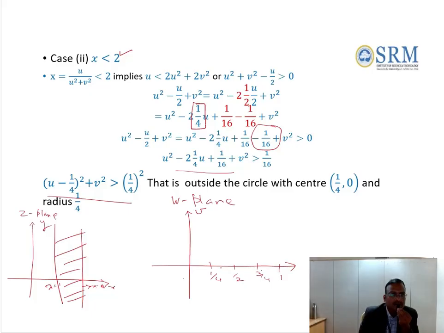So first draw the circle with the center 1 by 2 comma 0. This point is 1 by 2 comma 0, right? Therefore, draw the circle with the center 1 by 2 comma 0. Therefore, the circle will be like this.